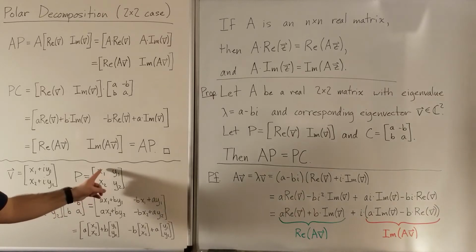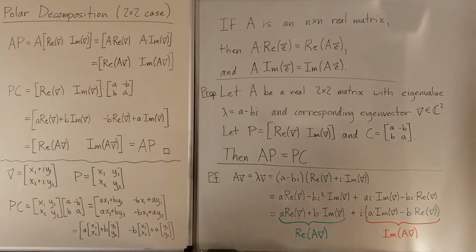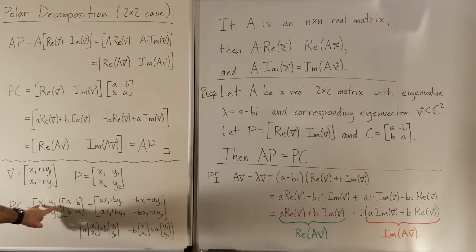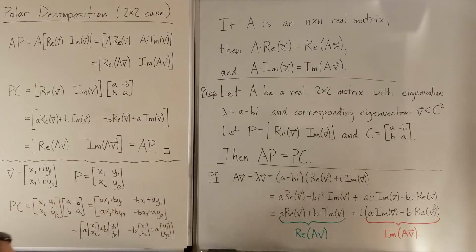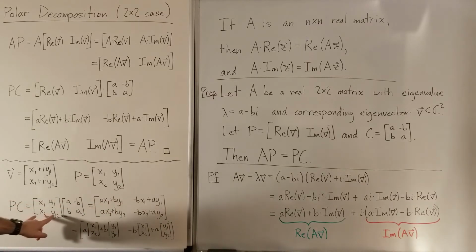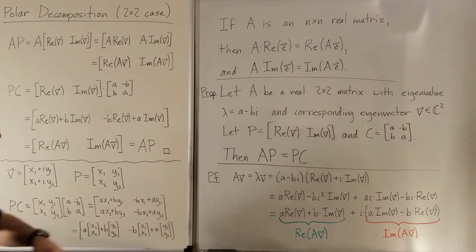So our matrix P is the real part and the imaginary part as the two columns. And P times C is going to be this right here. So we are going to take this x1, y1, dot it with a, b, and get a x1 plus b y1. And for the bottom entry here in the first column, we're going to get x2, y2 dotted with a, b. We're going to get a x2 plus b y2.